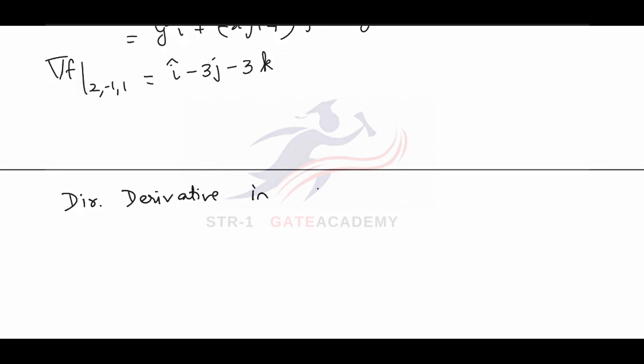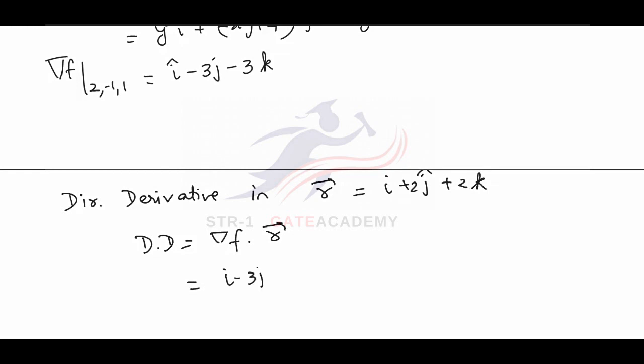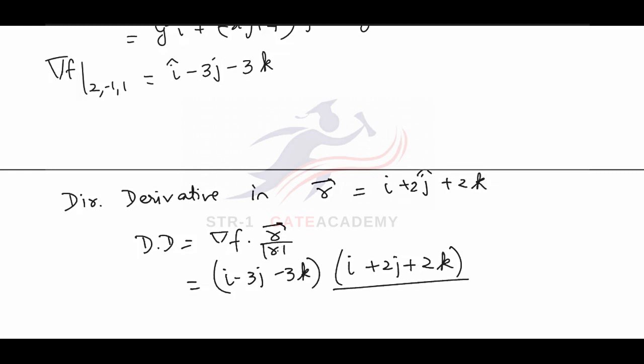You want the directional derivative in the r direction, and r is what? i plus, sorry, 2j plus 2k, right? So what will we do? Dot product. The directional derivative is grad phi dot product with the r vector. So grad phi is i - 3j - 3k, dot product with i + 2j + 2k, upon, this is basically the unit vector, right?